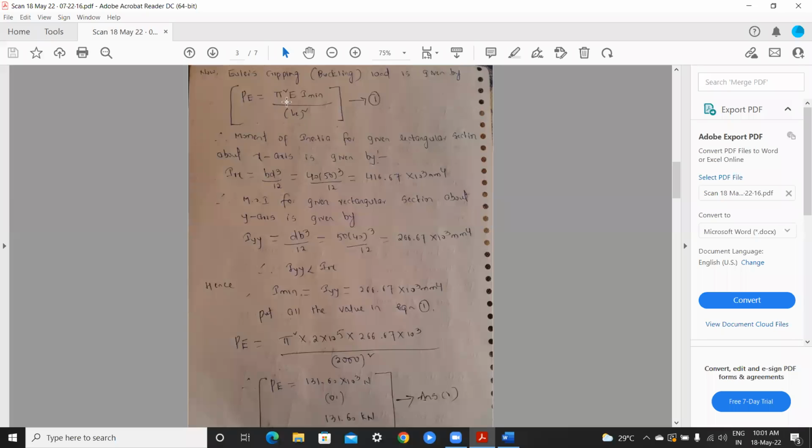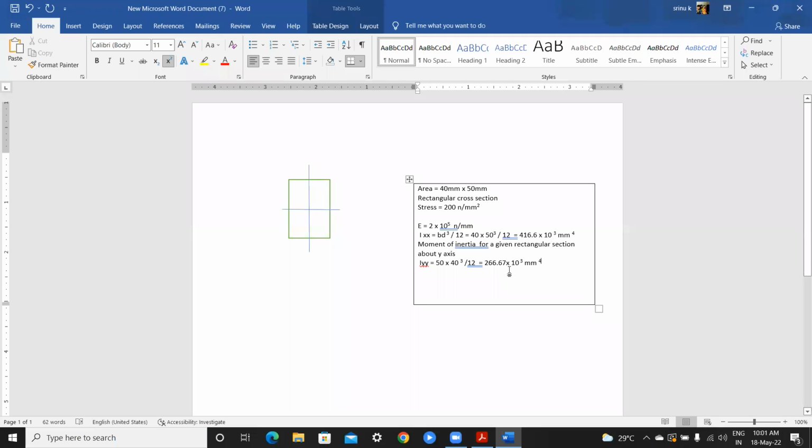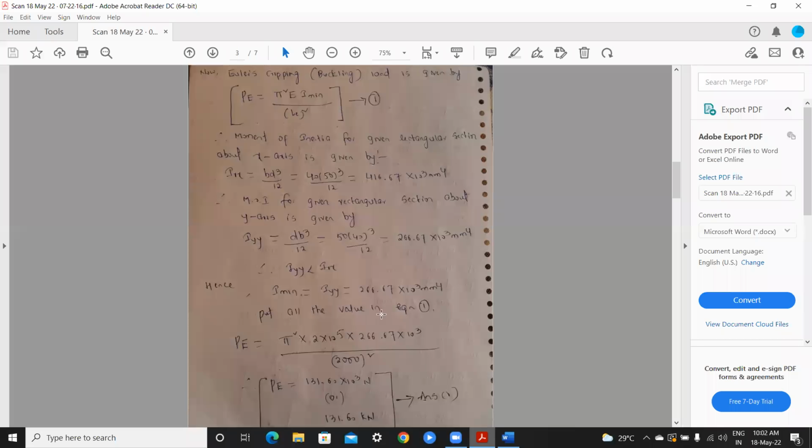So in this formula, P equals pi square E I minimum by L effective, meaning effective length. The E value given in the problem is 2 into 10 to the power 5. Here I minimum we got as the least value, 266.67 into 10 cube. The effective length given in the problem is 2000, meaning 2 meter.